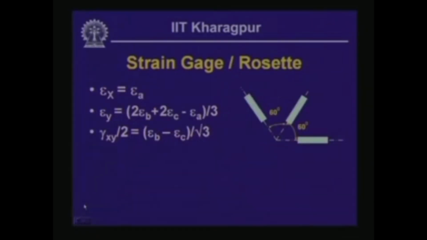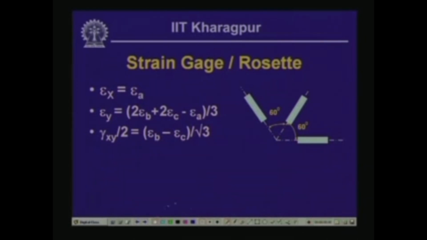Now, another kind of strain gauge is which are oriented at an angle of 60 degrees. Again, the whole assembly, the whole 3 strain gauges fixed in this particular form, can be fixed on the surface where we would like to measure the strains, and mind that at that particular point we are measuring strains in 3 different directions which are oriented at an angle of 60 degrees with reference to the reference x axis.